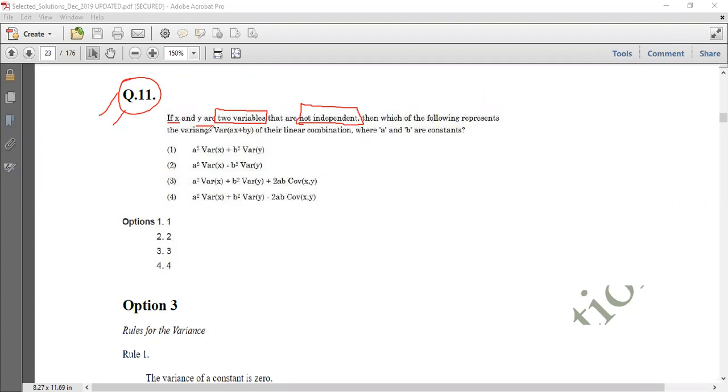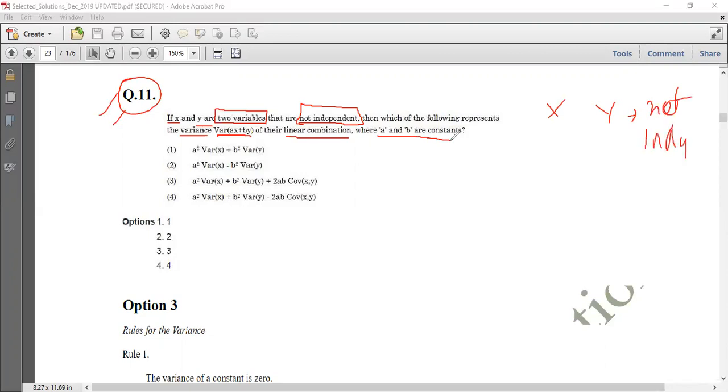Which of the following represents the variance of ax plus by, their linear combination, where a and b are constants? So let's understand this problem. We have two variables, x and y, and both of them are not independent.